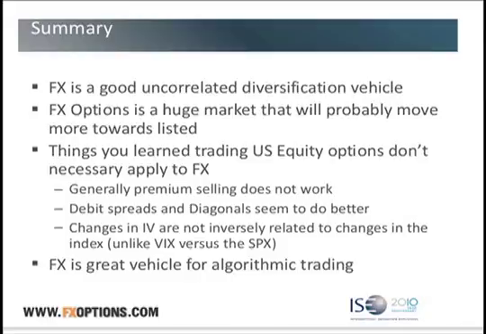This is one of the reasons I like to trade it, and I think it makes sense to have some exposure there. There's also going to be more activity in the listed FX options. You saw the giant over-the-counter volume of foreign exchange volatility that's going on right now. With financial reform and a lot of the regulations forcing things to be listed on exchanges, I think you will see a lot more activity in the listed markets.